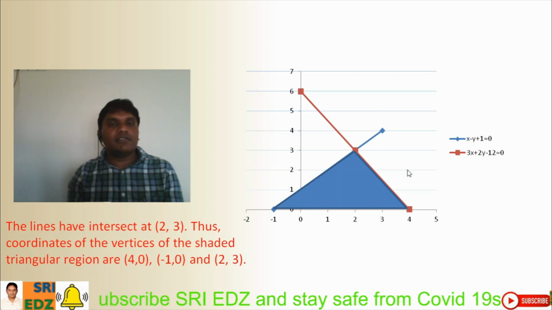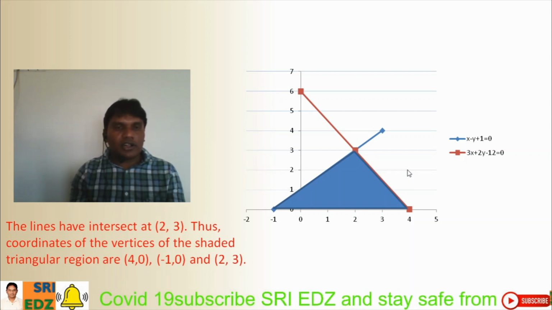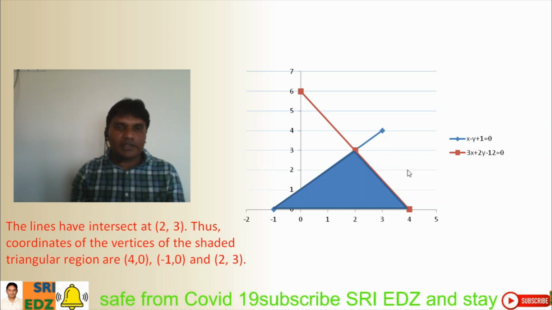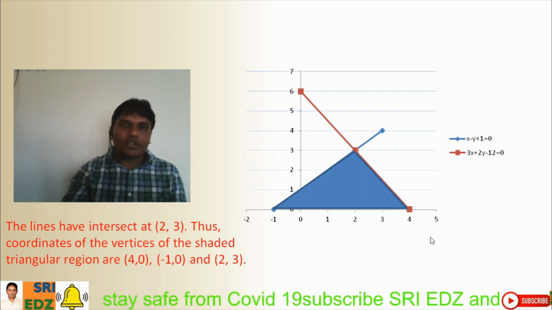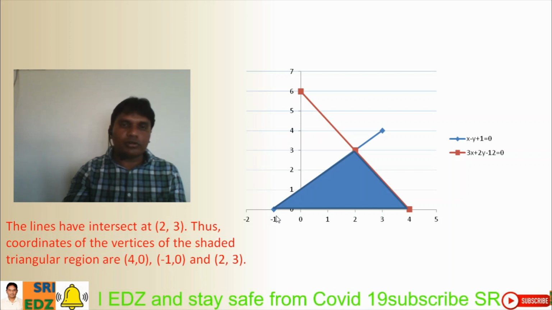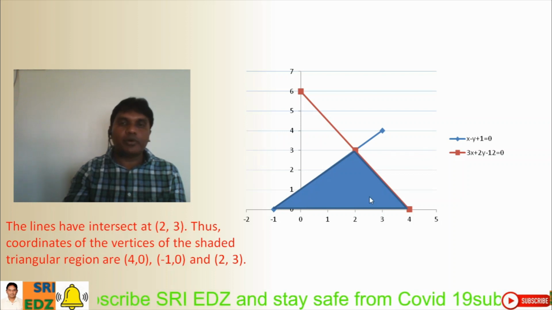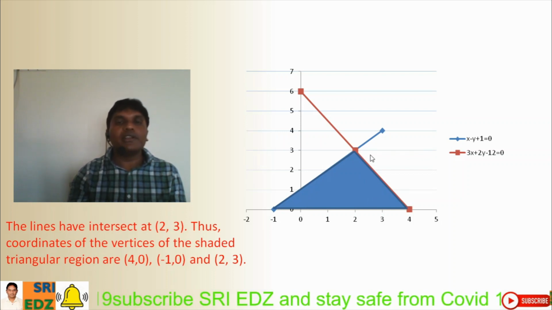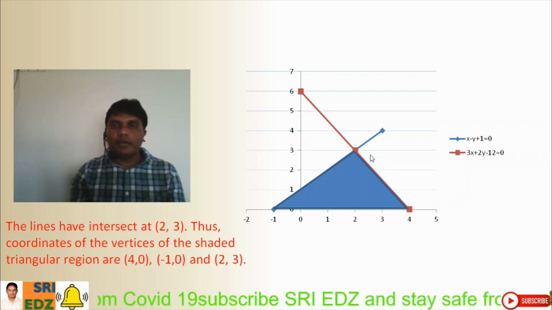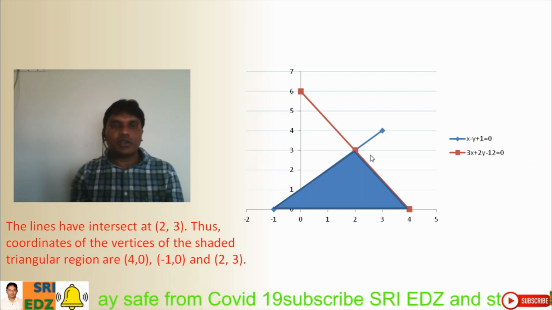The lines intersect at 2 comma 3, and the coordinates of the vertices of the shaded triangular region are: first point 4 comma 0 on the x-axis, on the right side, second one is minus 1 comma 0, and the third point is 2 comma 3. These 3 points are the vertices of the triangle shaded in the graph of x minus y plus 1 equal to 0 and 3x plus 2y minus 12 equal to 0.